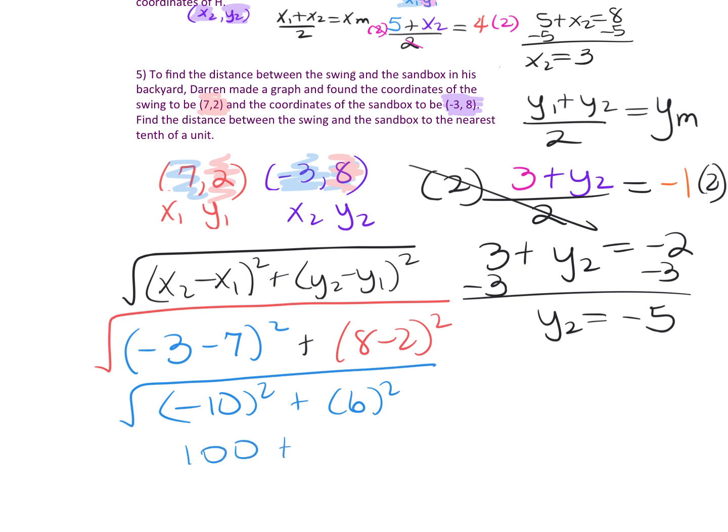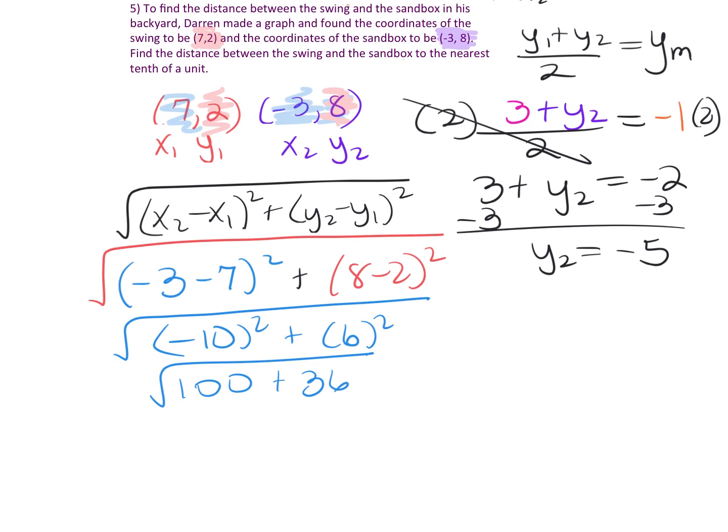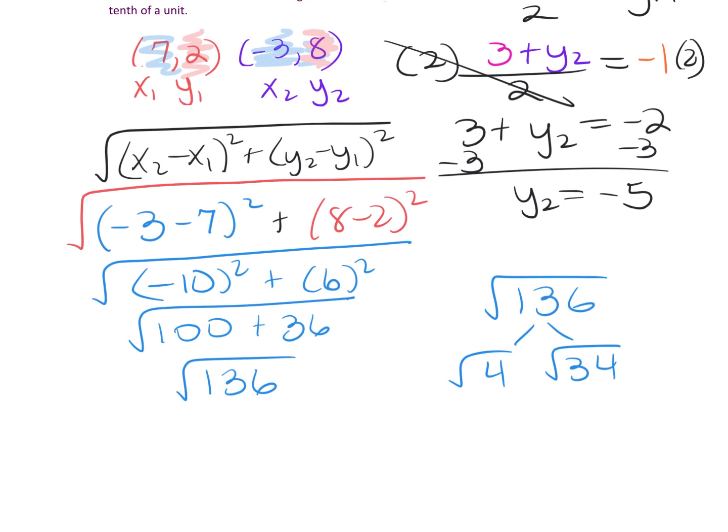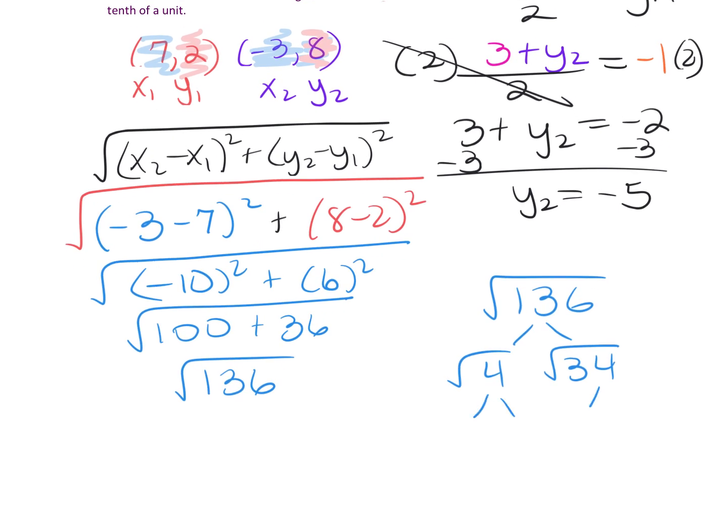100 plus 36. I'm going to add them. And now I need to do a factor tree because I want to leave this in simplest radical form. So this 136, I can either start with 2 times something. I'm going to do 4 times 34. That'll give me 136. And then I'm going to keep breaking it down till it's prime.